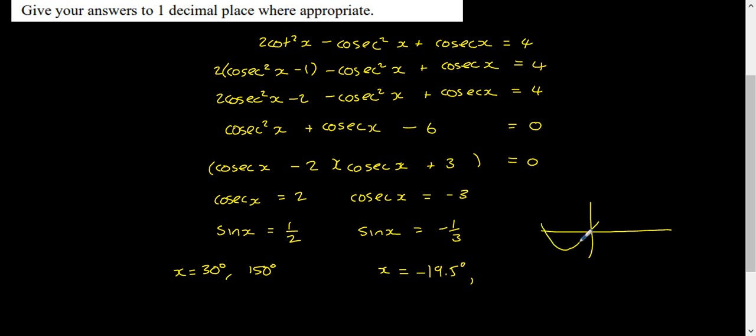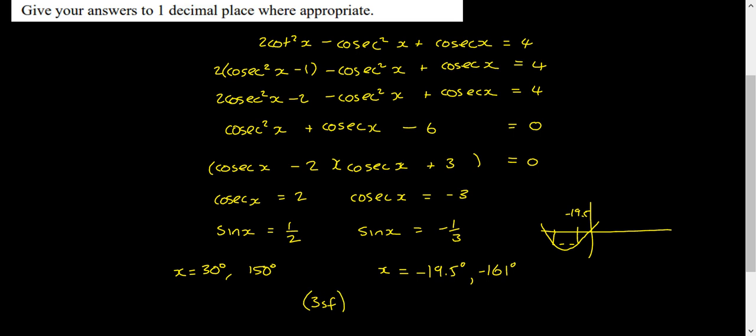All right, and this is our minus 19.5, so we need to find this solution. So we're going to do minus 180 minus the minus 19.5. Okay, so minus 180 plus 19.5. So we'll do minus 180 minus our answer, and we get minus 161 to 3 significant figures.